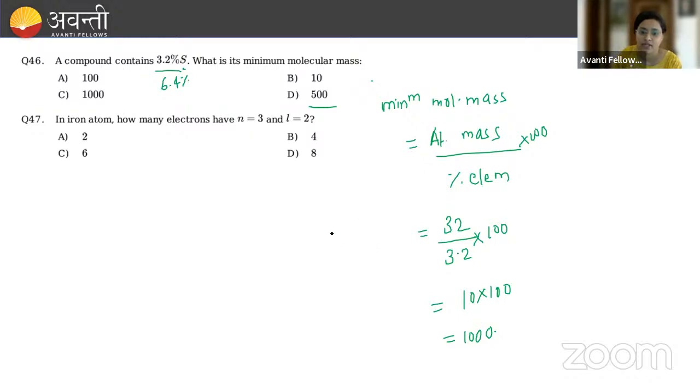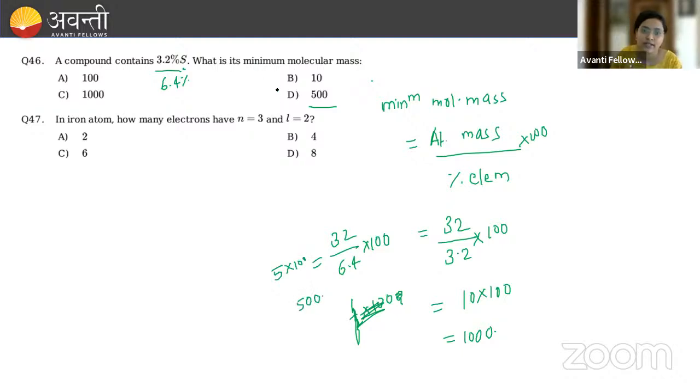Just rearrange this equation: 32 divided by 6.4 into 100. 32 upon 6.4 will be 5. It will be equal to 5 into 100. So the answer will be 500.